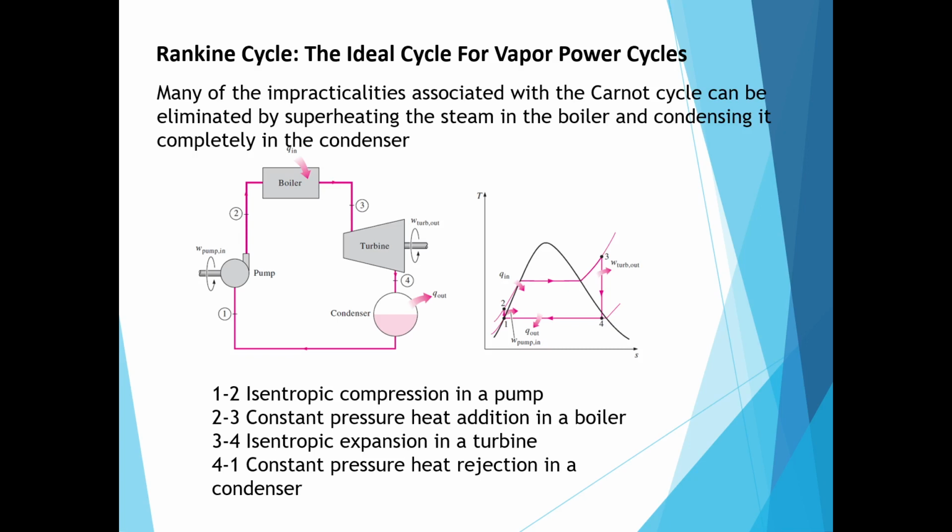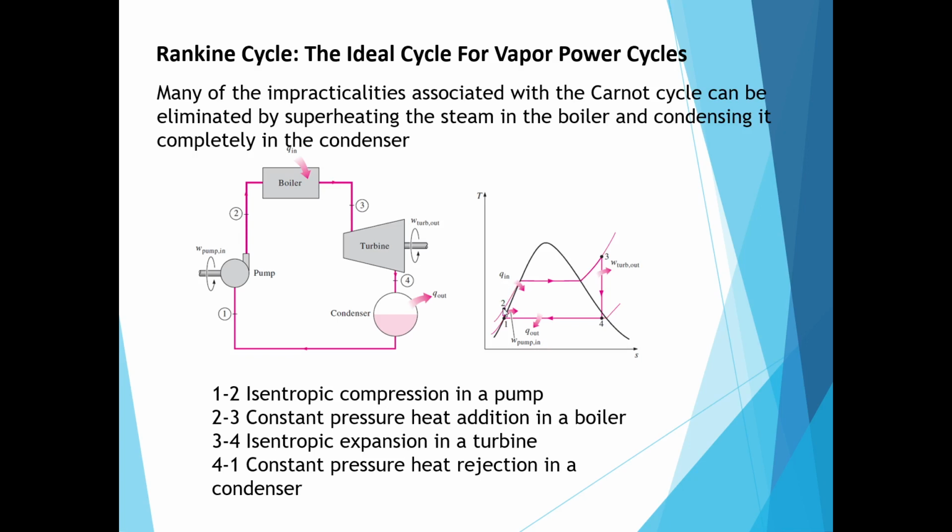Last time we discussed the Rankine cycle, and I hope you remember that we discussed four components, starting from the boiler, then turbine, condenser, and the pump. We also discussed the Rankine cycle itself.